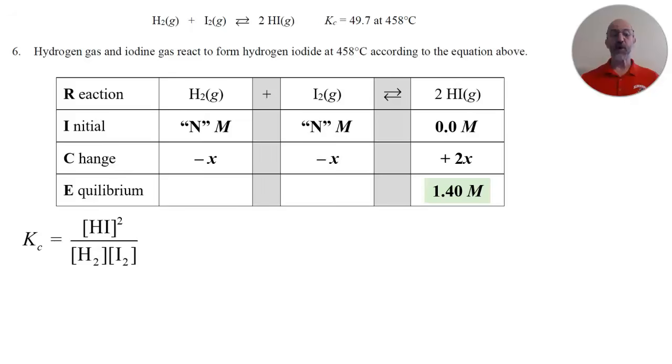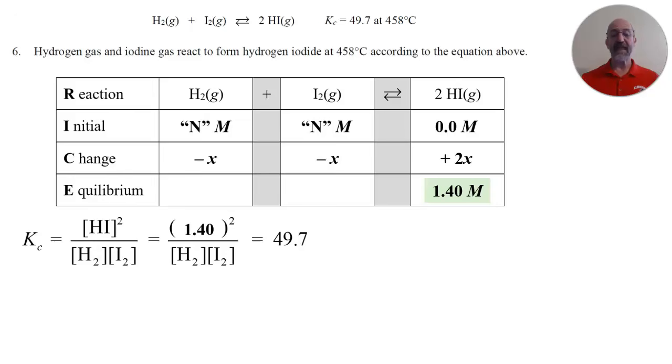At this point, the concentration of HI at equilibrium is known, whereas the concentrations of hydrogen and iodine at equilibrium are unknown. They are unknown, but they are the same numerical value at equilibrium. So I will fill in 1.4 for the concentration of HI.